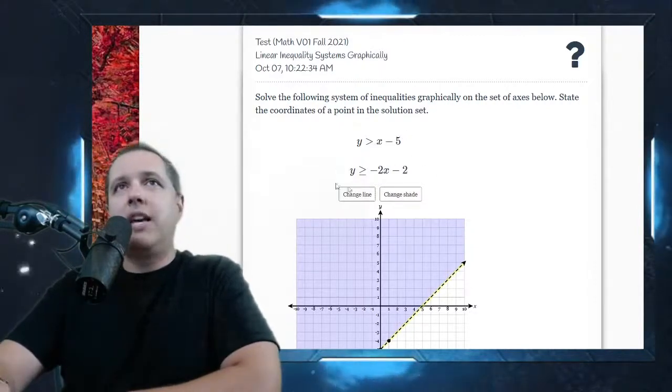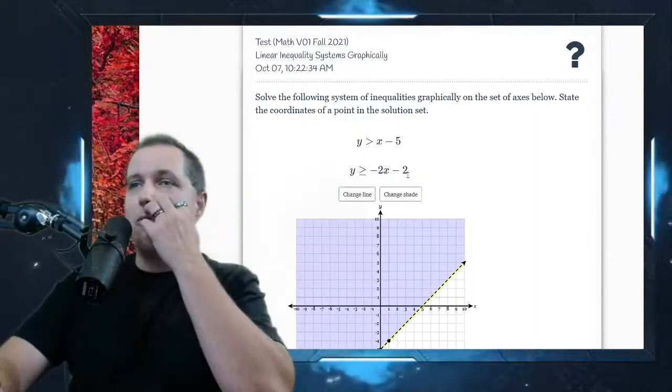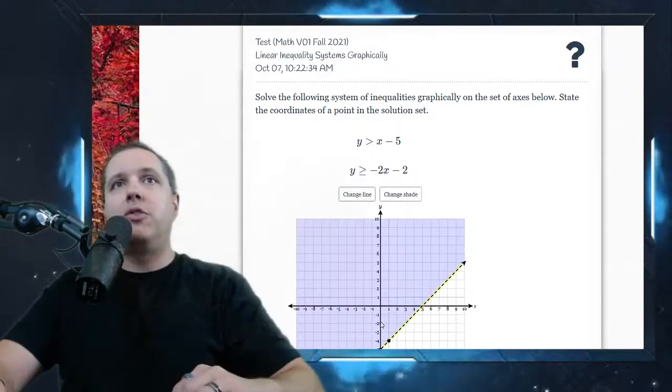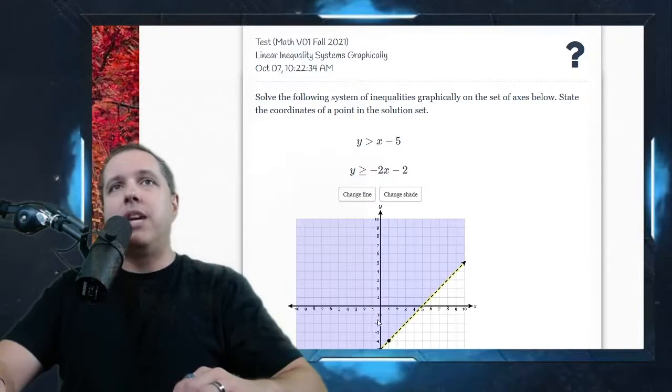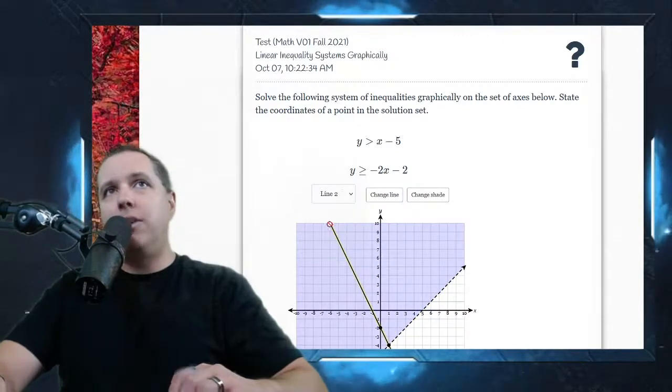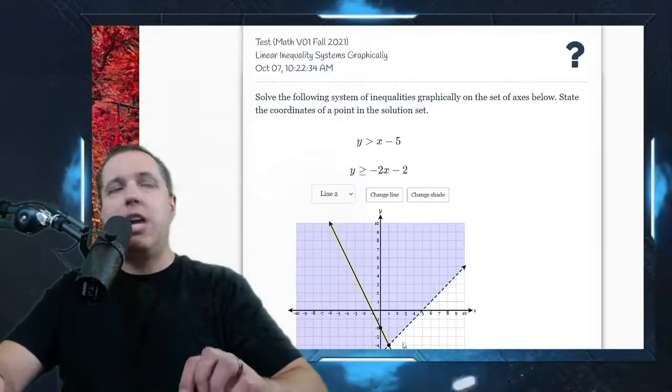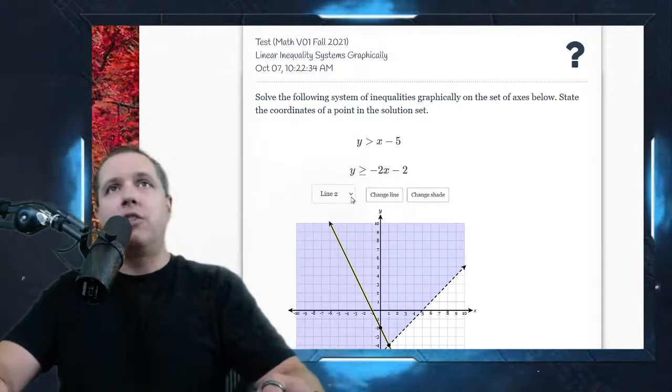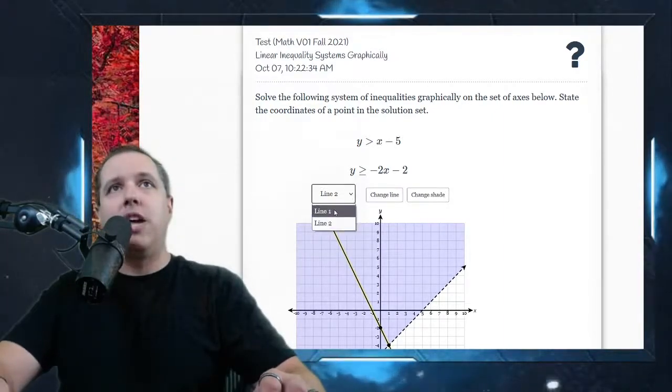All right, now we'll do the second one. So again, slope-intercept form. Right, so I'm going to go to -2, and then my slope is -2. So if I'm here, this says I'm going to go down 2 over 1. There's my line. We want it to be a solid line, so I'm not going to change the solid line. Notice how it gives you this option to switch back and forth between which line you want to work at.